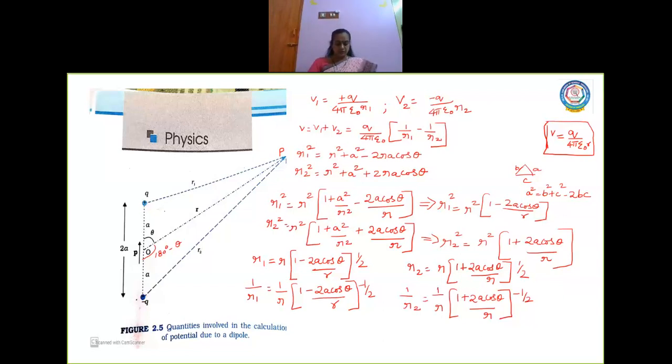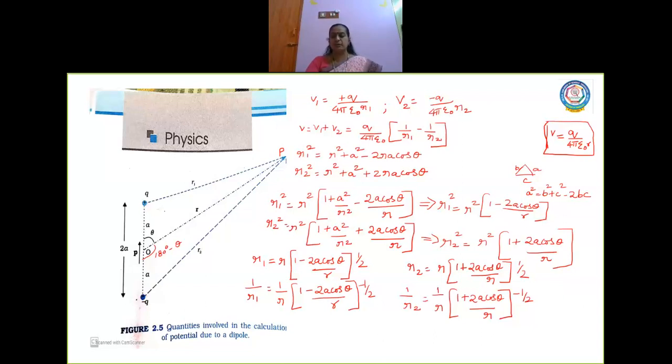So when I restrict to the first term of the binomial theorem, now this is of the form 1 minus x the whole power minus n. Hope you would have read binomial theorem, hope you remember. So in that case, what will be the first term? Once again I'll tell you, it is 1 minus x the whole power minus n.